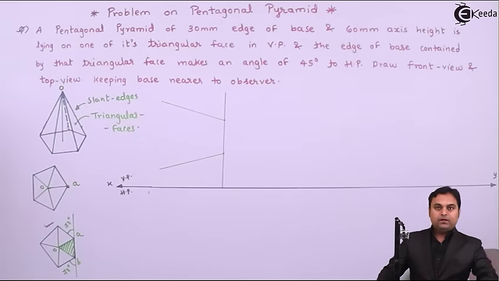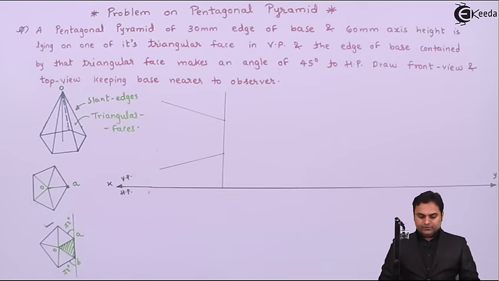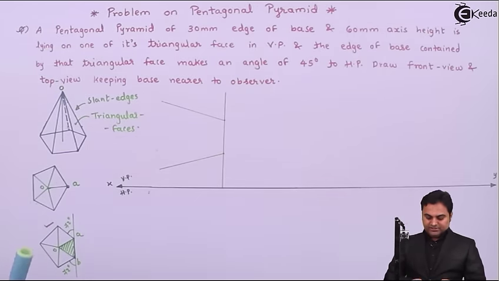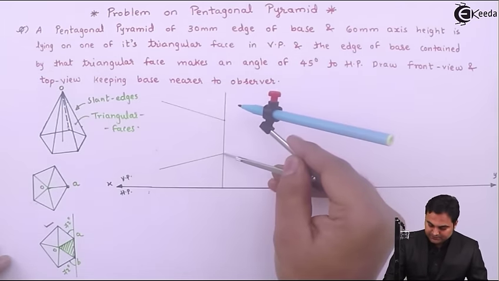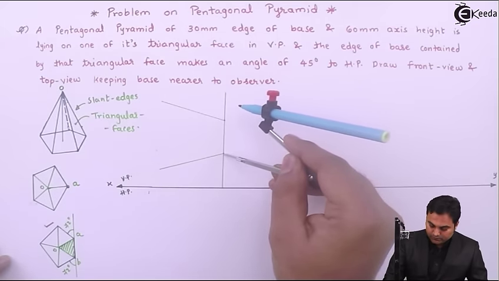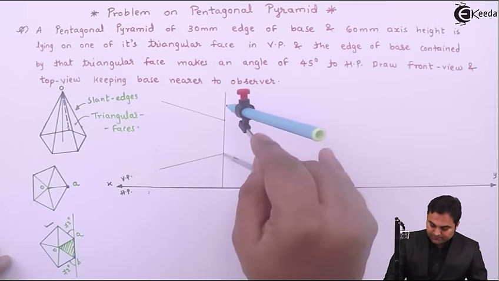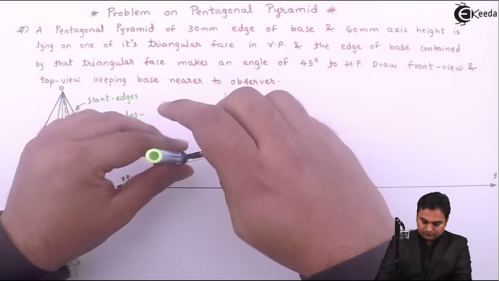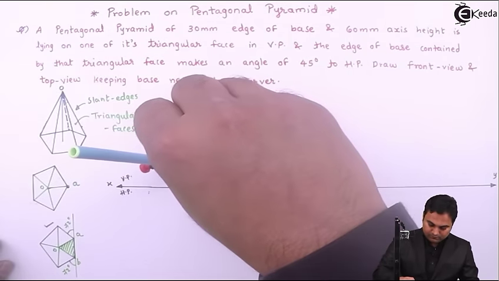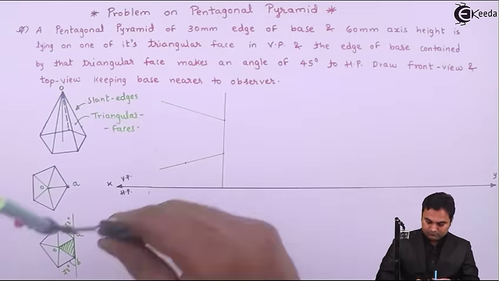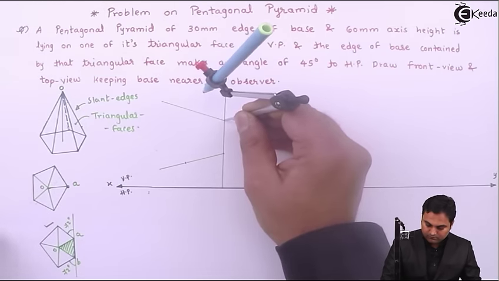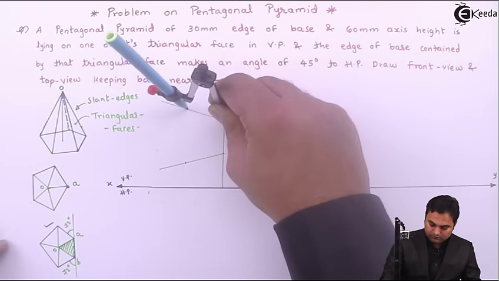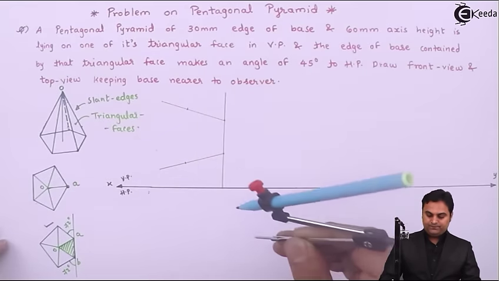Next. So now here I'll mark this edge into the compass, which is a 30 mm edge.